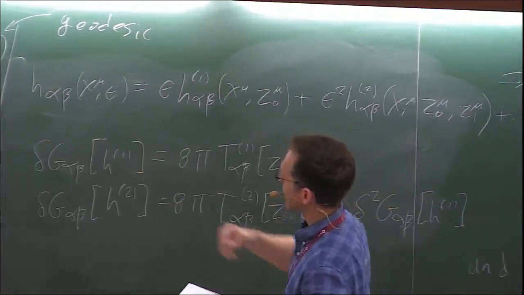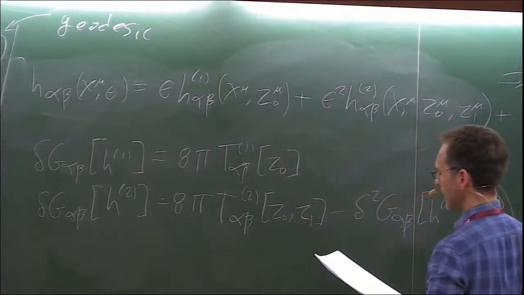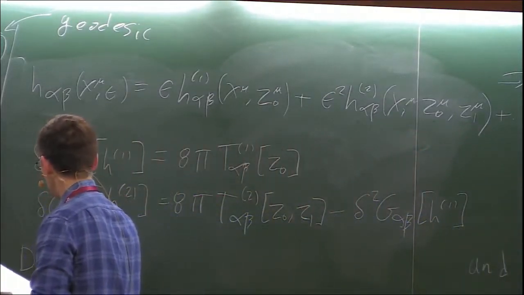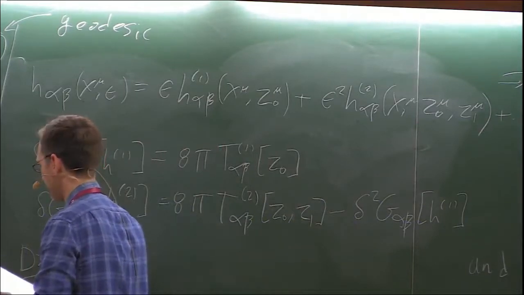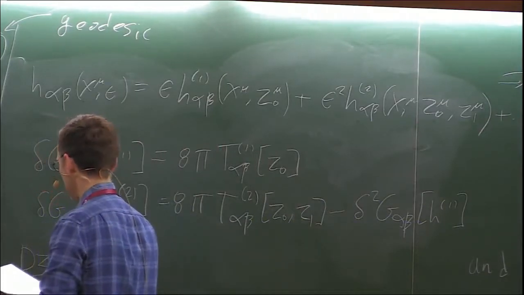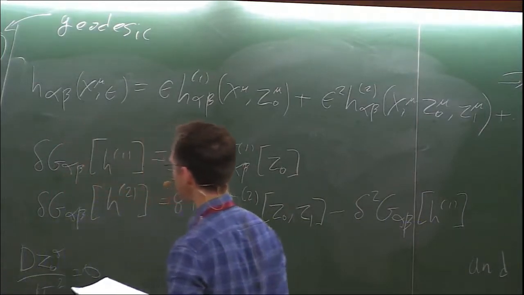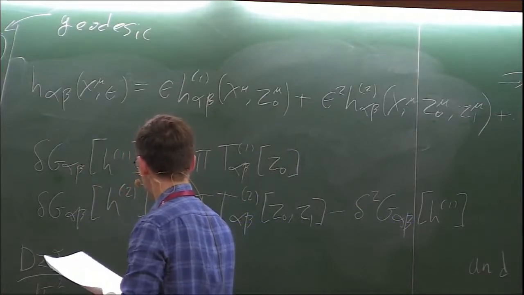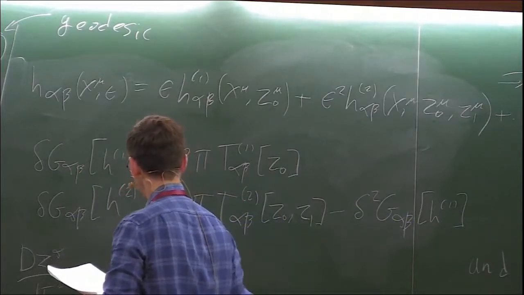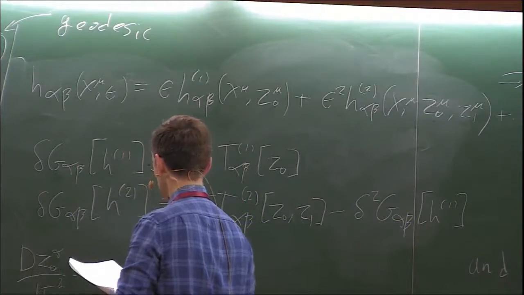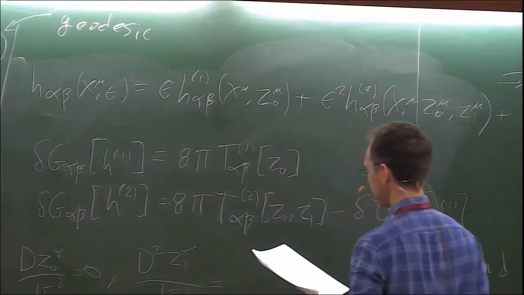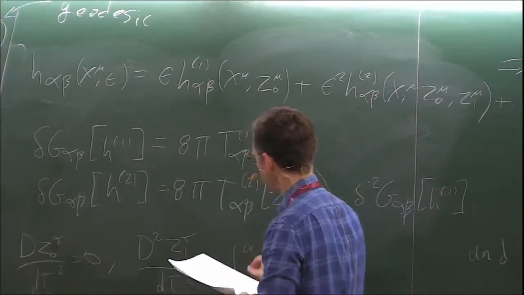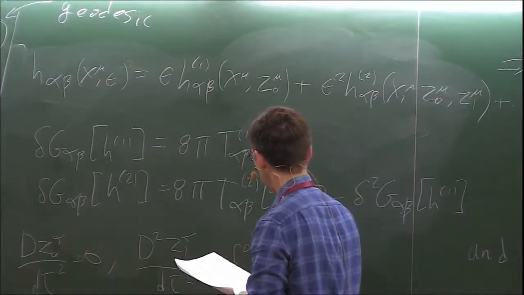Okay, so what are the equations of motion for Z0, Z1, and so forth? So as I said, you can show that the zeroth order piece is just a geodesic. The first subleading piece has this first order self-force that I mentioned on the right-hand side.